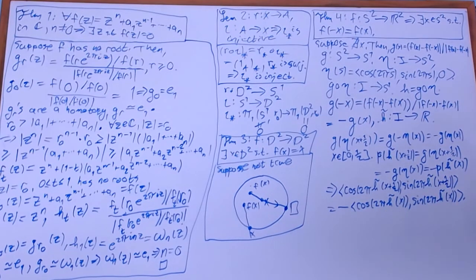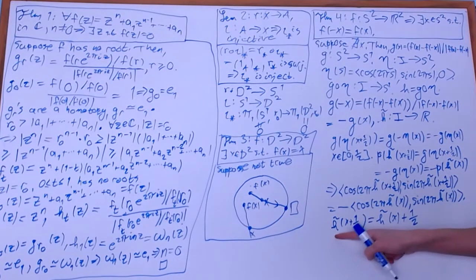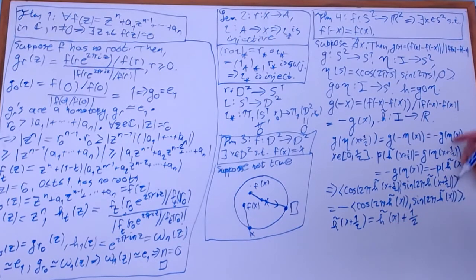You add 1/2 to your input. And so to go from h tilde of x plus 1/2 to the negative of h tilde of x, what you need is for h tilde of (x plus 1/2) to be the value that makes both of these negative for x, which would therefore be h tilde of x plus 1/2. So h tilde of (x plus 1/2) is equal to h tilde of x plus 1/2.